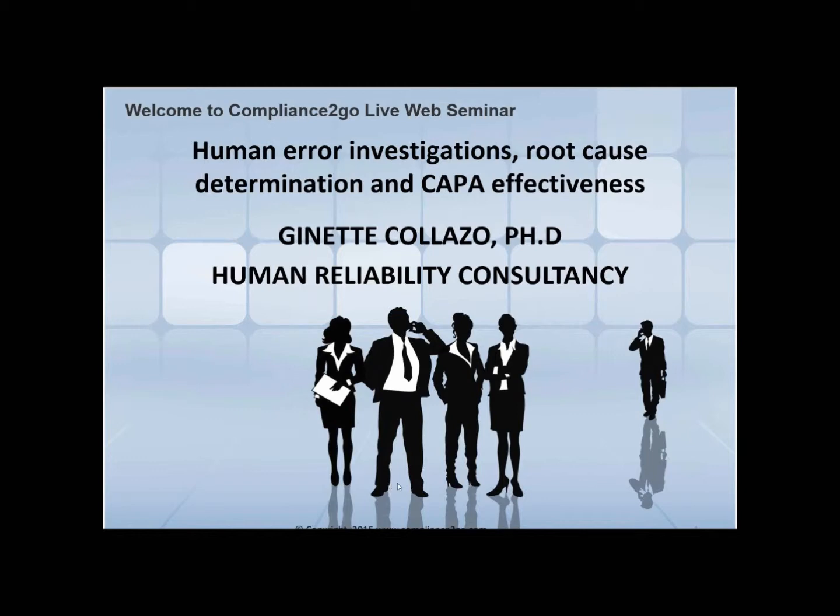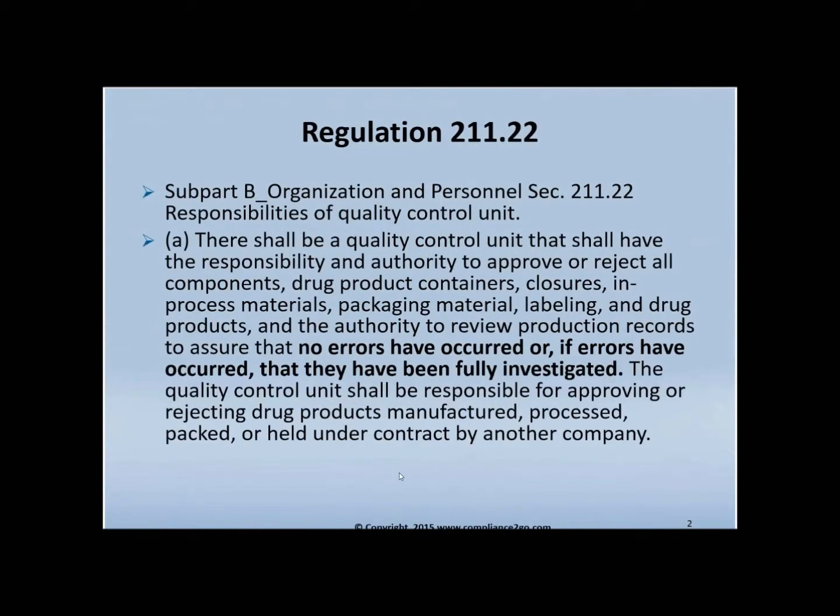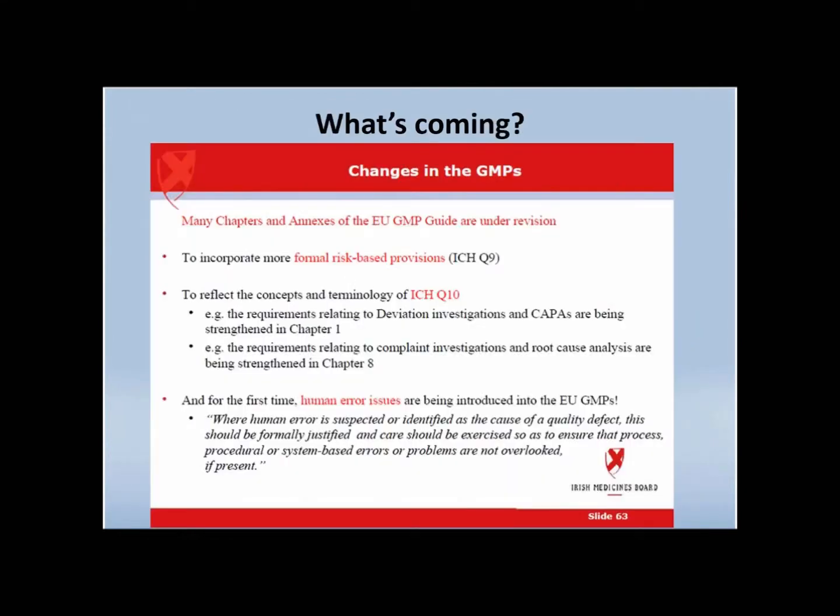All right, first of all, I would like to start by talking a little bit about the regulation. I selected Subpart B, Organization and Personnel, Section 211.22, which is the responsibilities of quality units.